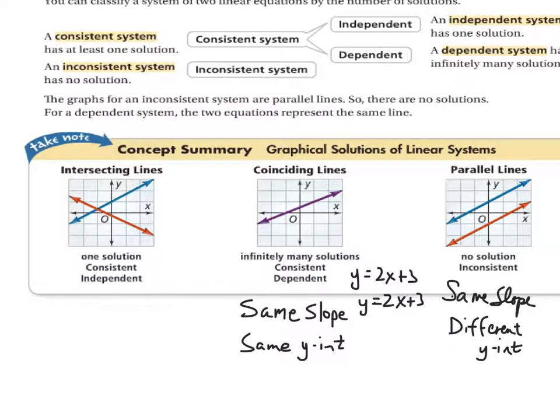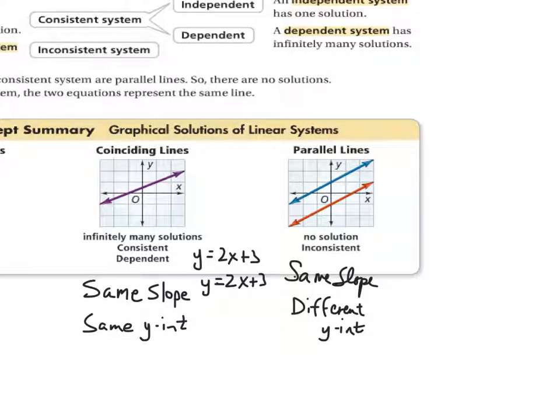Okay, so they have a different y-intercept. An example of what equations would look like, maybe it's y equals 1/3 x plus 2, and y equals 1/3 x minus 3.